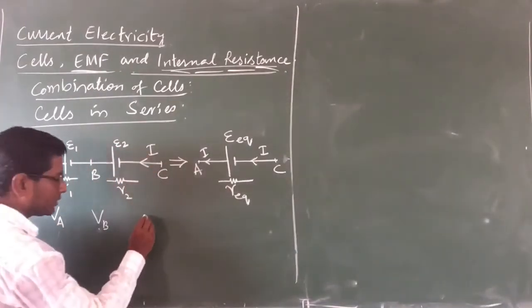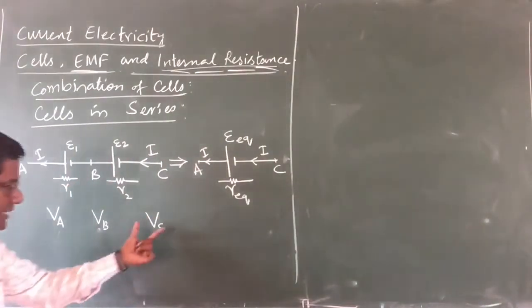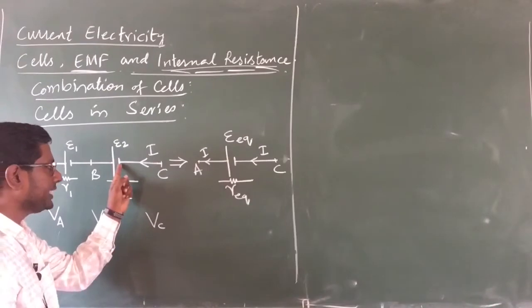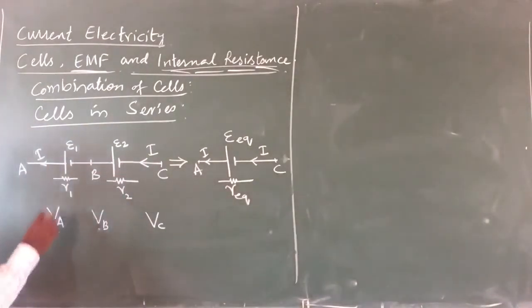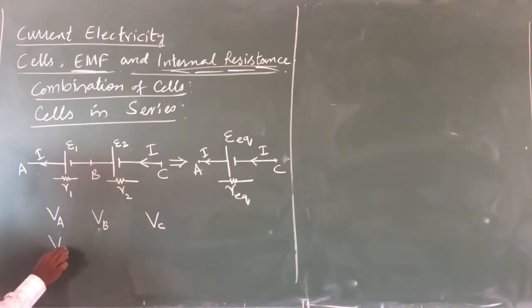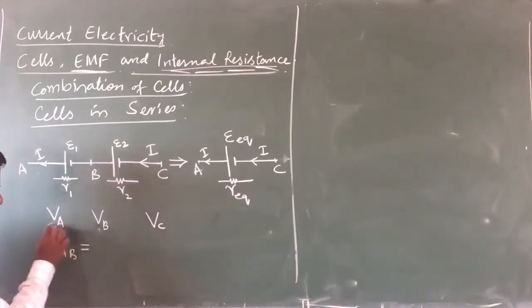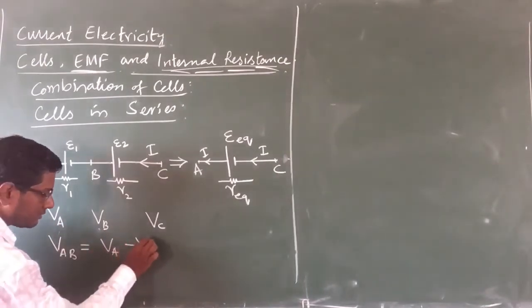Likewise, I will also have a potential VC, and this potential is due to the negative side of epsilon 2. Now, if I want the potential difference between these two, I will call it VAB. And this VAB will be the difference between these two points. I will call it VA minus VB.